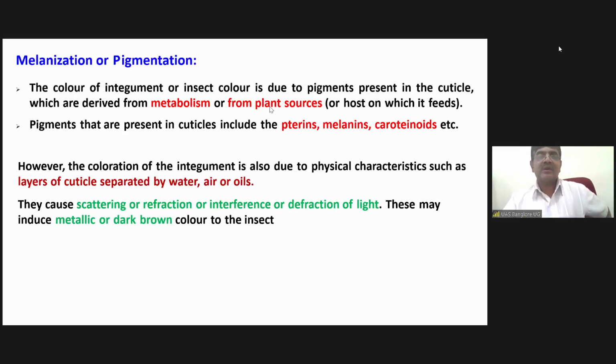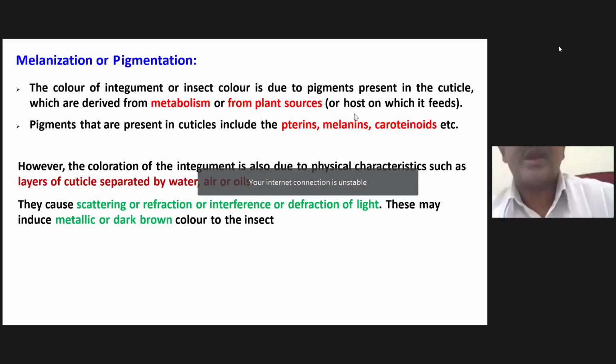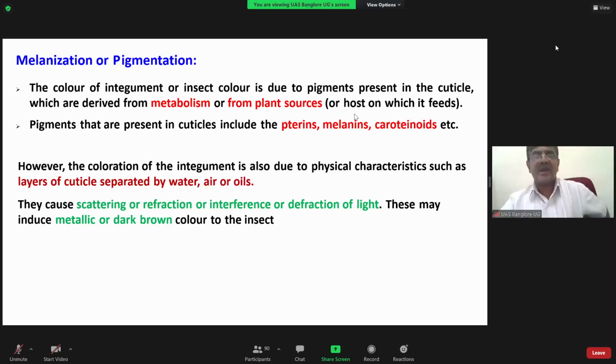I told you in the slide, all of the insects feed on host plants. From the host plants, they acquire different pigments like melanins and carotenoids. These are not present in the insect body; they are acquired from the plants.